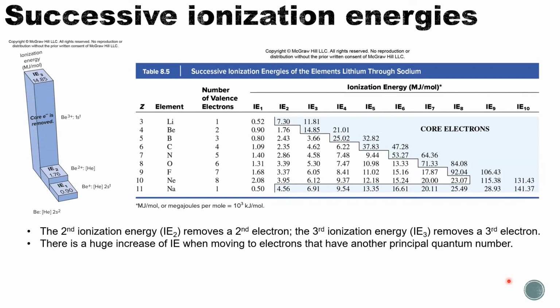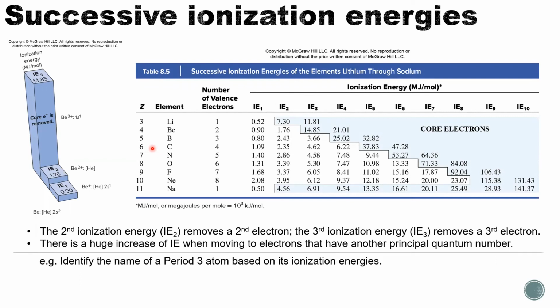Okay, so from this table, or given a sequence of ionization energies, you are expected to know what the valence electrons are, so electrons with the highest principal quantum number, and then identify which element it is. Identify the name of a period 3 atom based on its ionization energies.